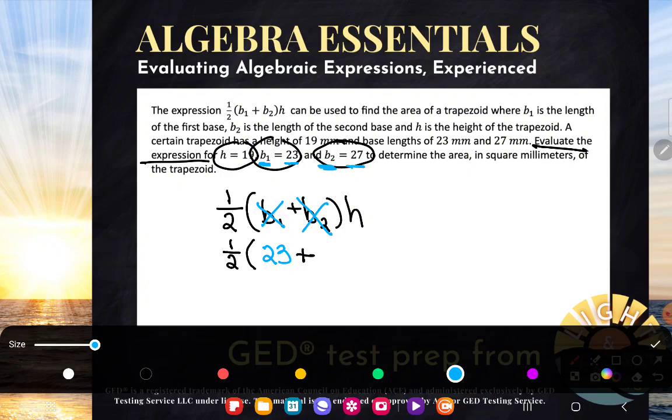According to this, B2 is 27. Again, I'm not going to lose the other symbols besides the variables, so I'll keep my parentheses. But I don't have to call H anymore. He's not a mystery. I know what he is. Well, I would know what he is, except I kind of marked over it. Oh, it's a 19. So, 19.